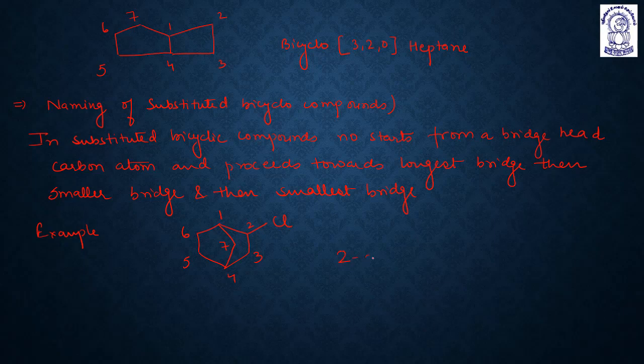So it comes to be 2 chloro. As you know, chloro is always written as prefix. Bicyclo 2 comma 2 comma 1 heptane.